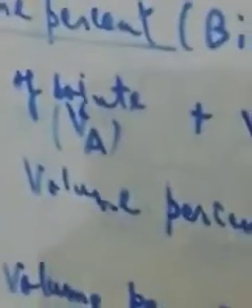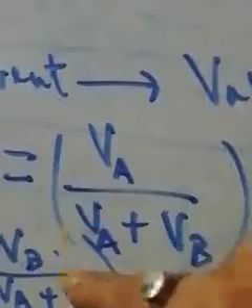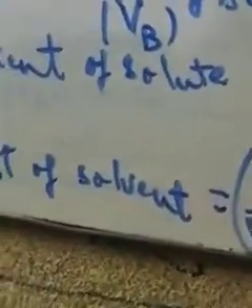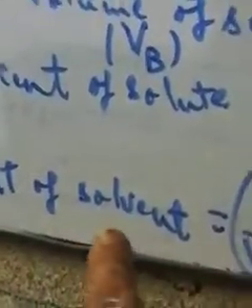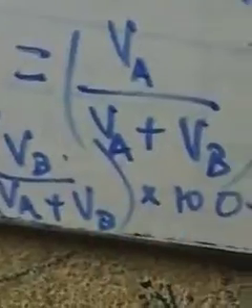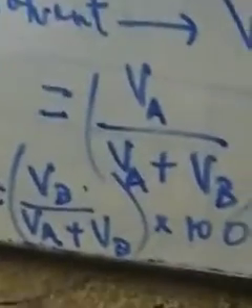Then volume percent of solute will be VA divided by VA plus VB into 100. Volume percent of solvent will be VB divided by VA plus VB into 100.